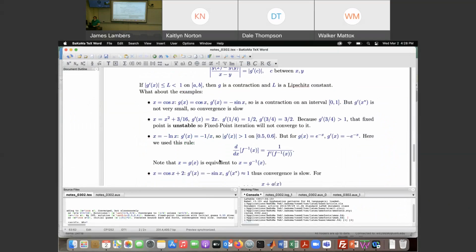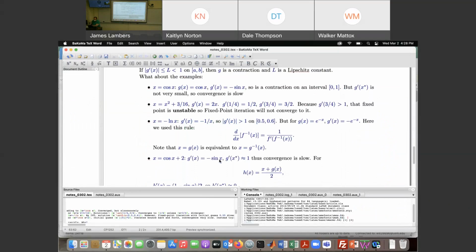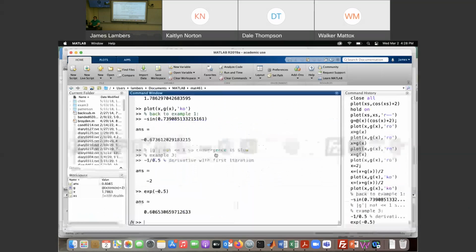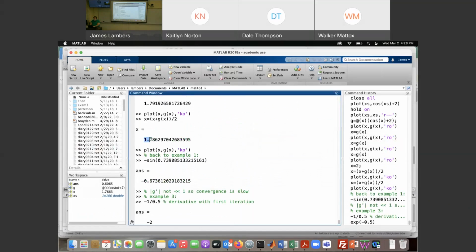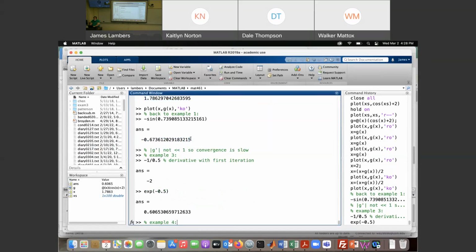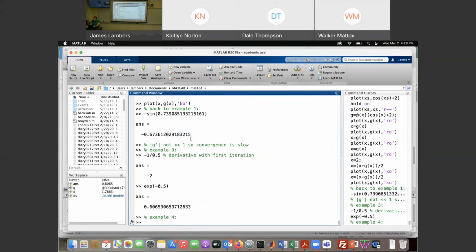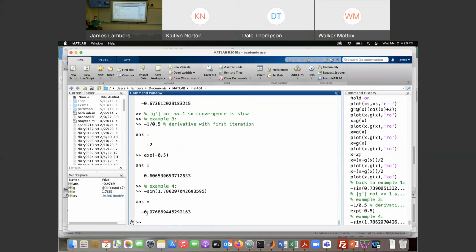And then finally, this example, x is cosine x plus 2, so your derivative is minus sine of x. And the fixed point, this was as close as I got to the fixed point before. We have minus sine of this value is very close to 1 in absolute value.